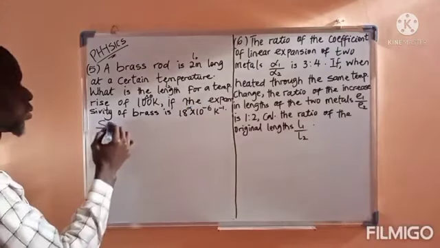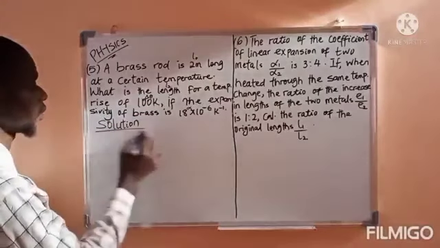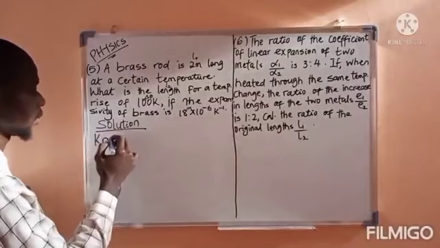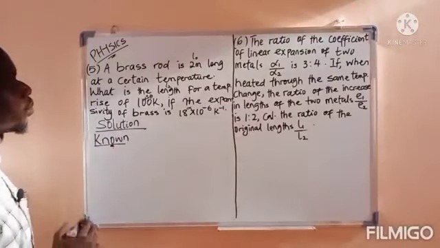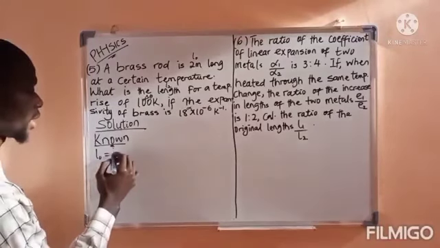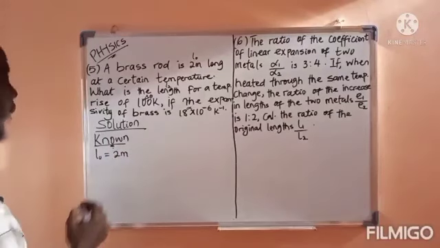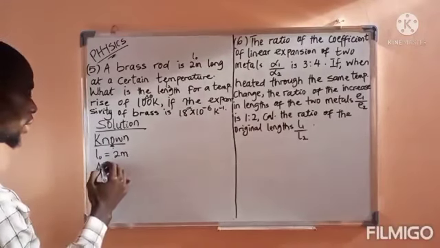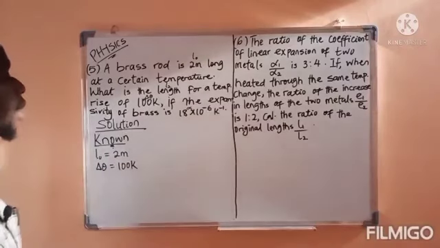Now, solution. What are the knowns? So we have our L0, the original length before heating, to be 2 meters. We have the temperature rise to be 100 Kelvin.